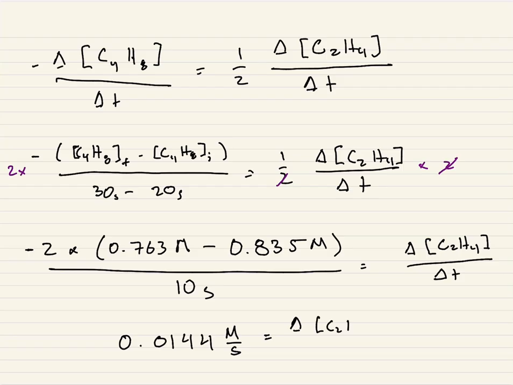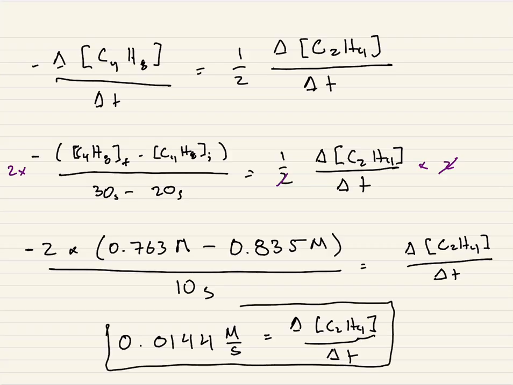That's delta C2H4 over delta T. And it makes sense that the rate of formation should be larger than the rate of reaction at that point, because we have 2 products being made for every reactant that's used. Okay. And thank you again to Colin for pointing that out.